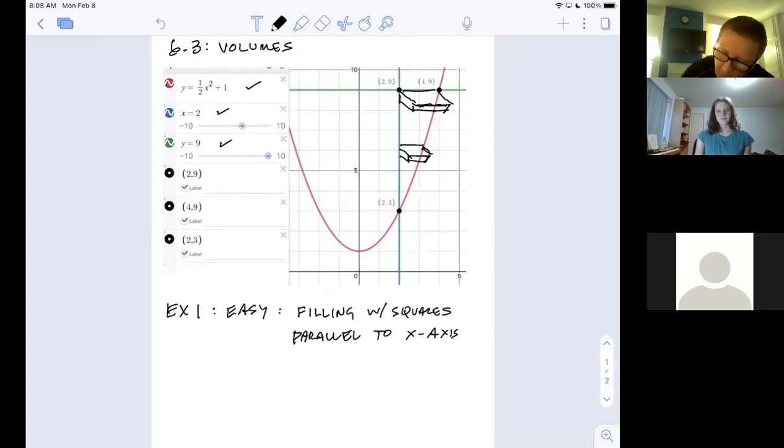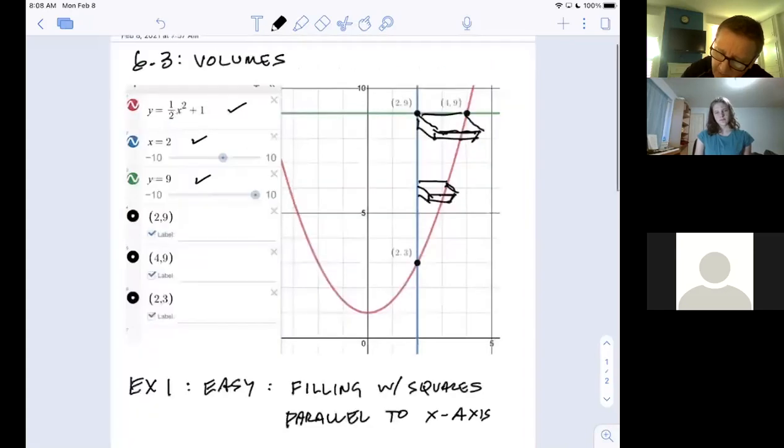But because the word square is used, whatever this length here is for x, since it's in the x direction, then this height is also x. So we're being told that those are identical. So down here, that distance is going to be smaller, of course, as we move down the shape.